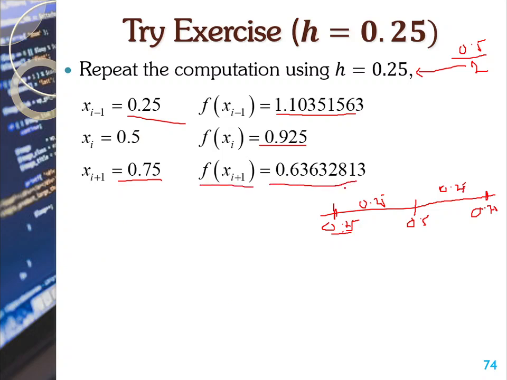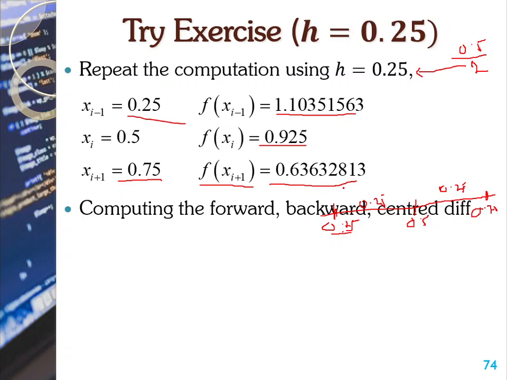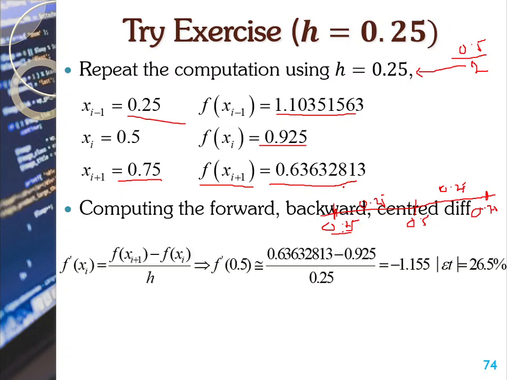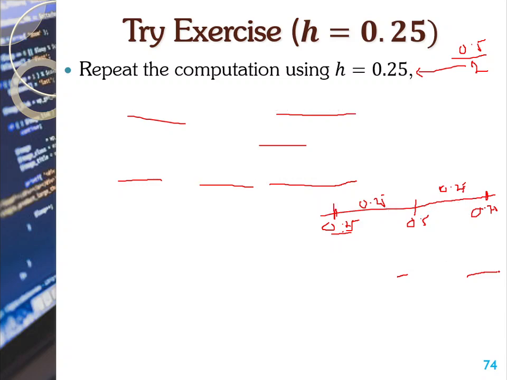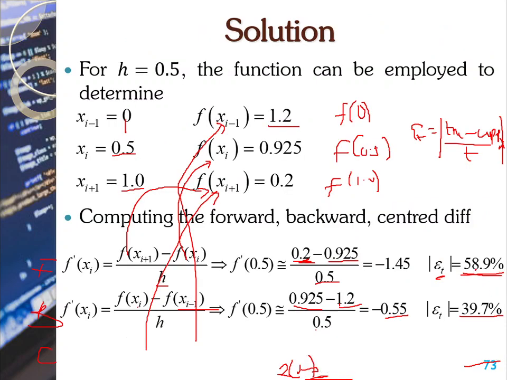So let's estimate our forward, backward, and centered differences again. Going through the same steps as earlier, the forward is giving us an error of 26.5%. Remember, from earlier we had 58.9.